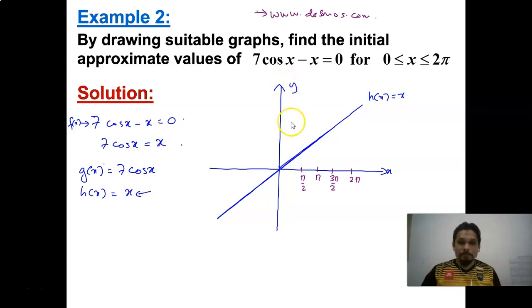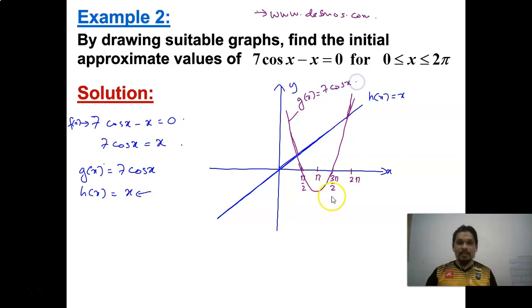And now, let's say the graph intersects at this point and here. So this is the graph of g(x) equal to 7 cos x.